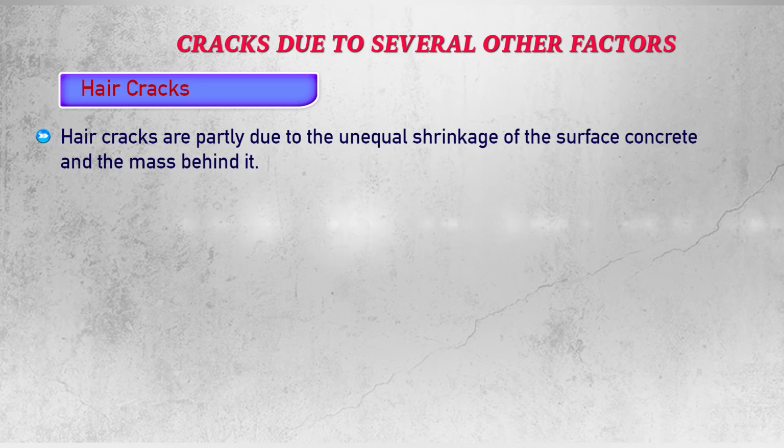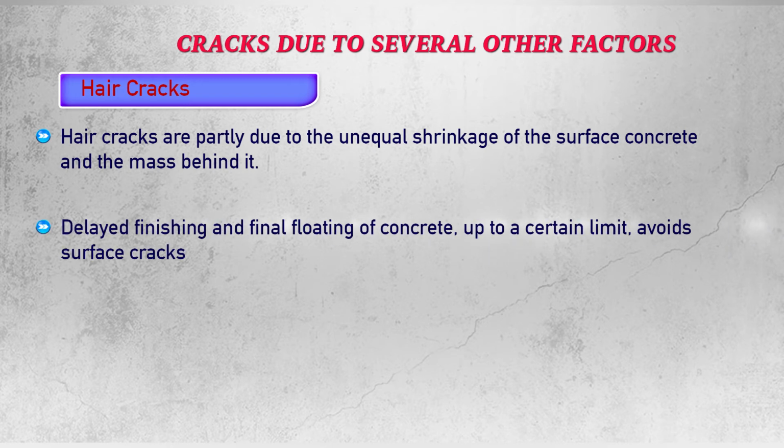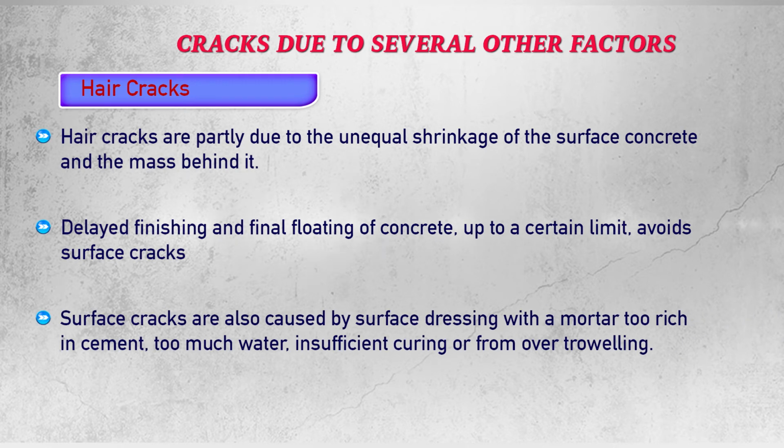Hair cracks are partly due to the unequal shrinkage of surface concrete and mass behind it. Delayed finishing and final floating of concrete up to a certain limit avoids surface cracks. Surface cracks are also caused by surface dressing with a mortar too rich in cement, too much water, insufficient curing or from over troweling.